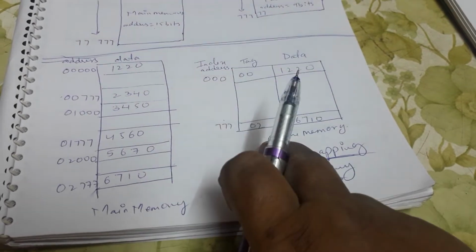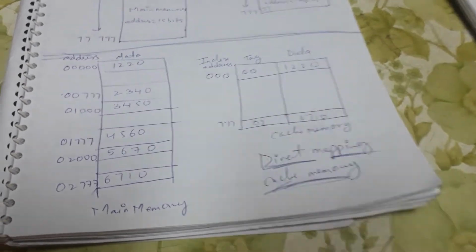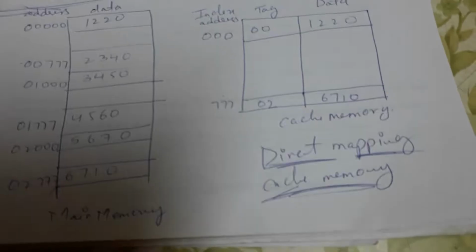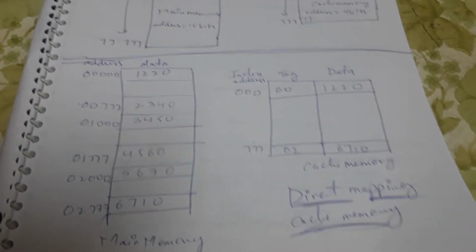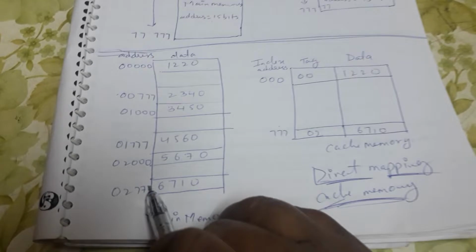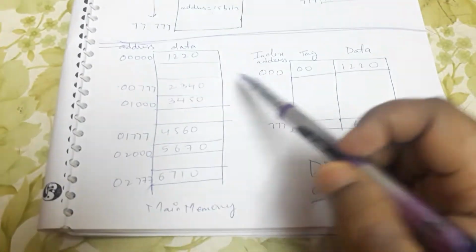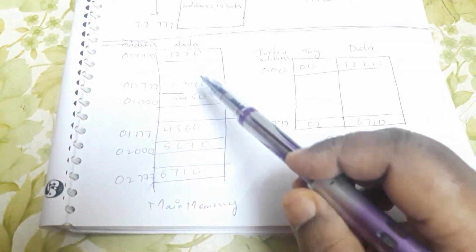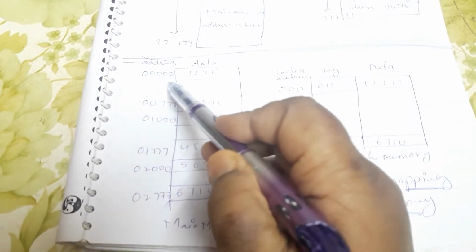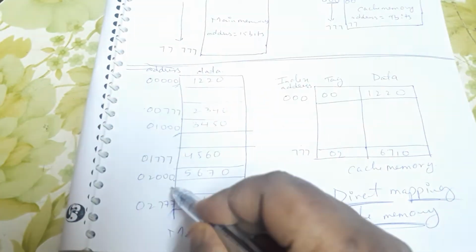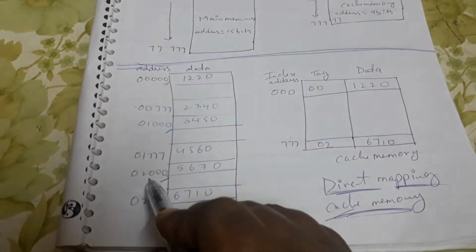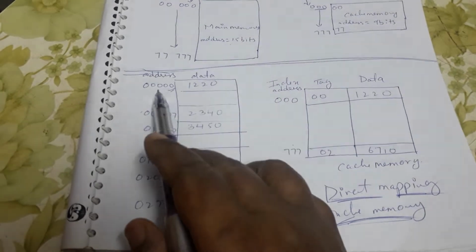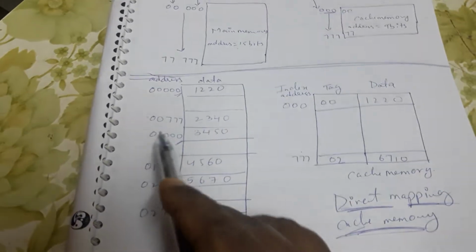But there is a drawback here. If you look at this table, we have 3 addresses where the index values are the same, for example this address, this address, and this address. All these addresses have the same index value but different tag values.